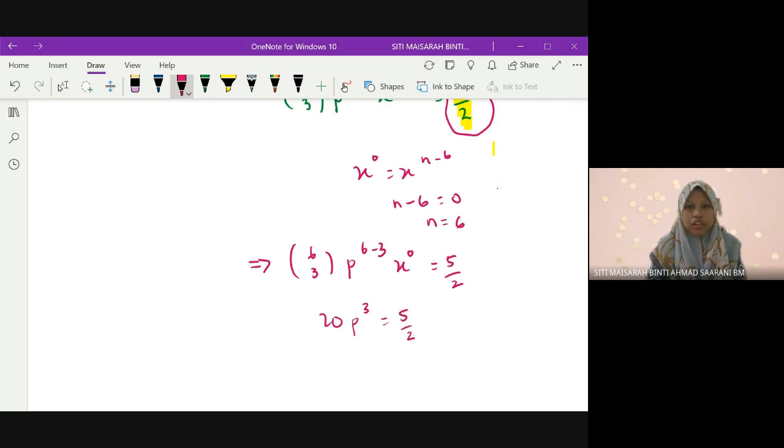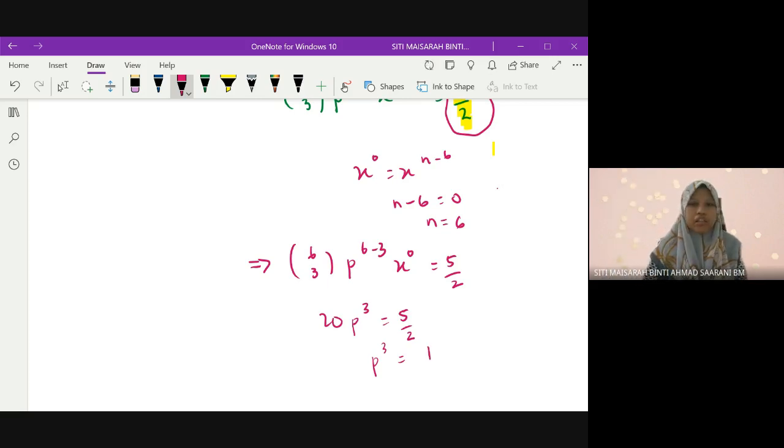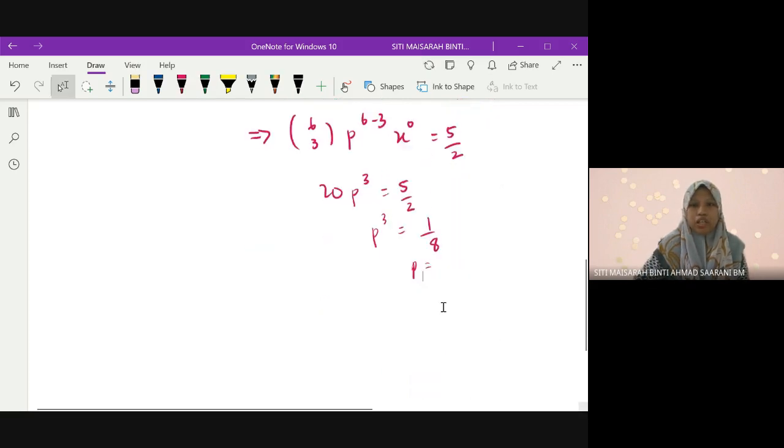So P cubed equals 5 over 2 divided by 20, which is 1 over 8. Finally P equals the cube root of 1 over 8, which is 1 over 2. So our P is 1 over 2.